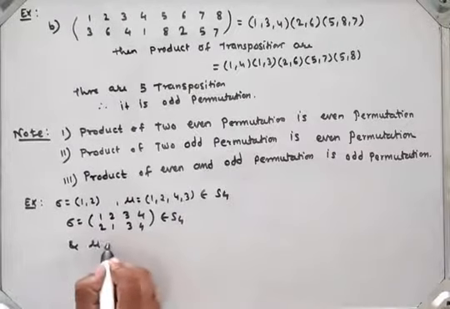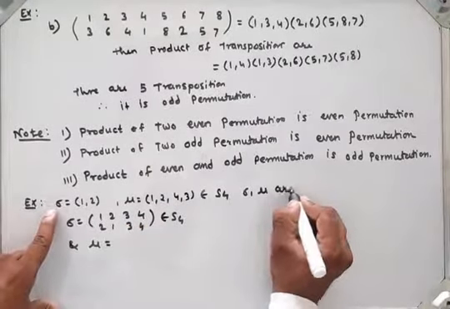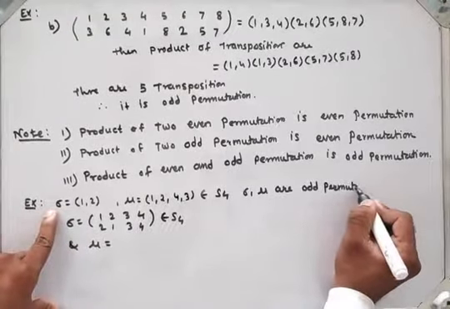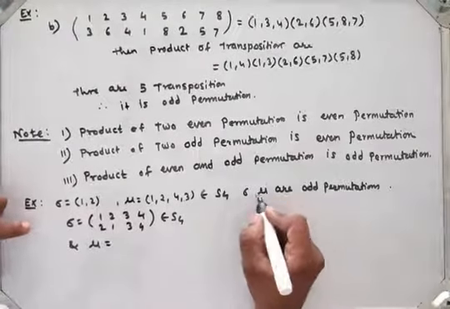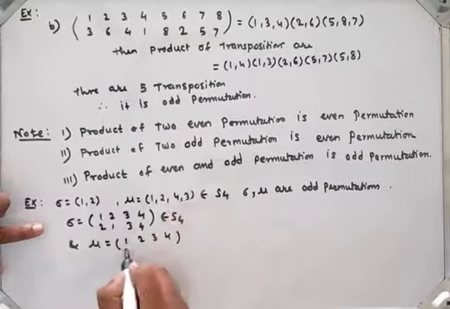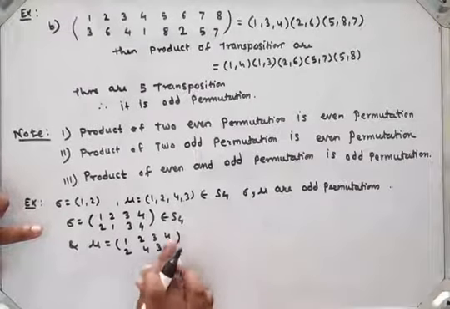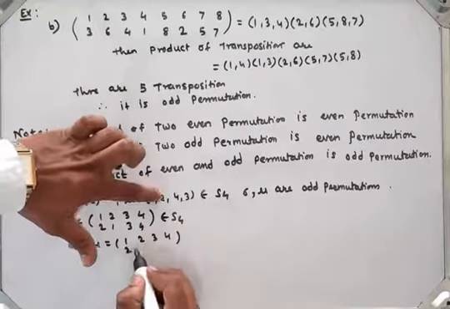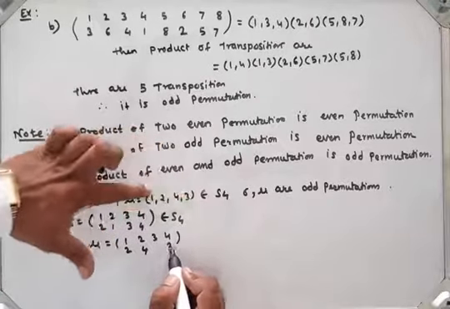And mu can be written as 1 2 3 4. So 1 goes to 2, 2 goes to 4, 4 goes to 3, and 3 goes to 1.